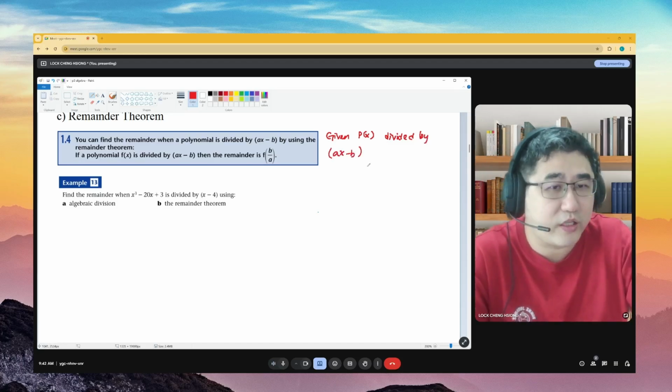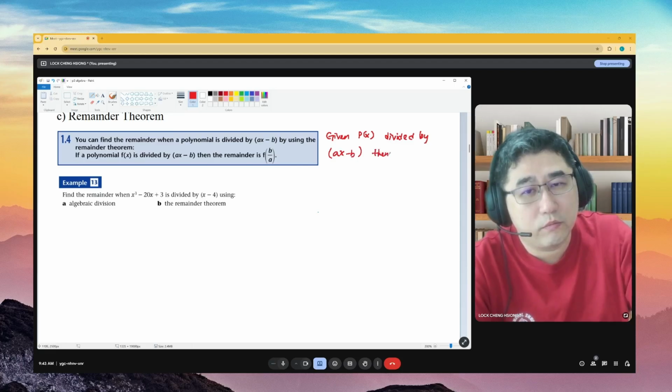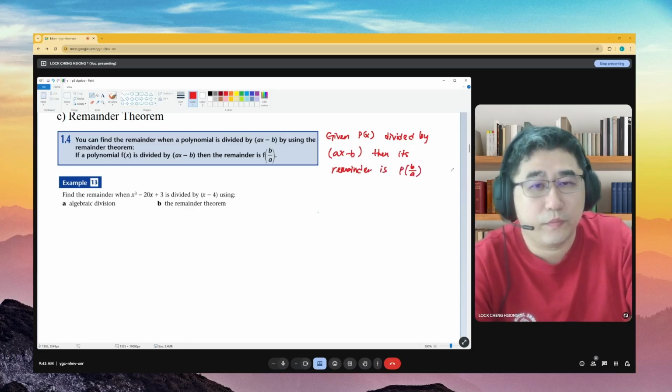As you can see, a quadratic divisor doesn't work here. Divided by ax minus b, then its remainder is p of b over a. So this is the remainder theorem.